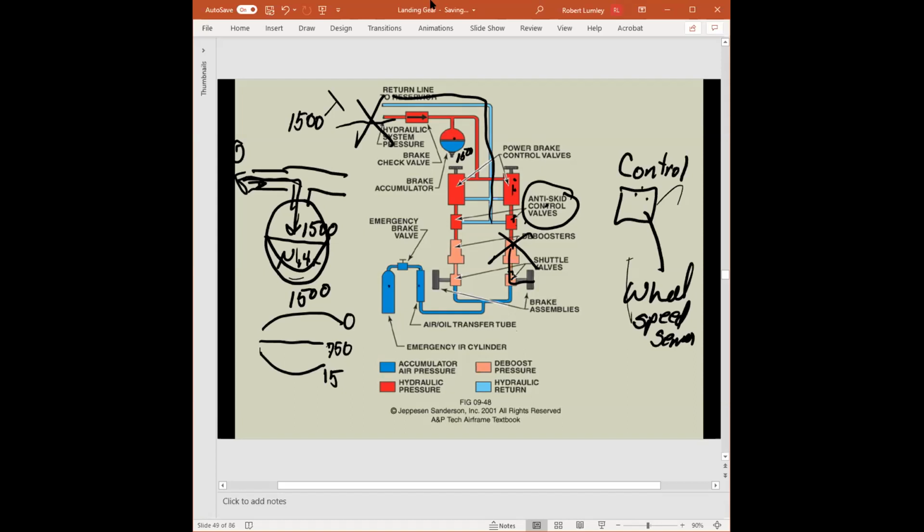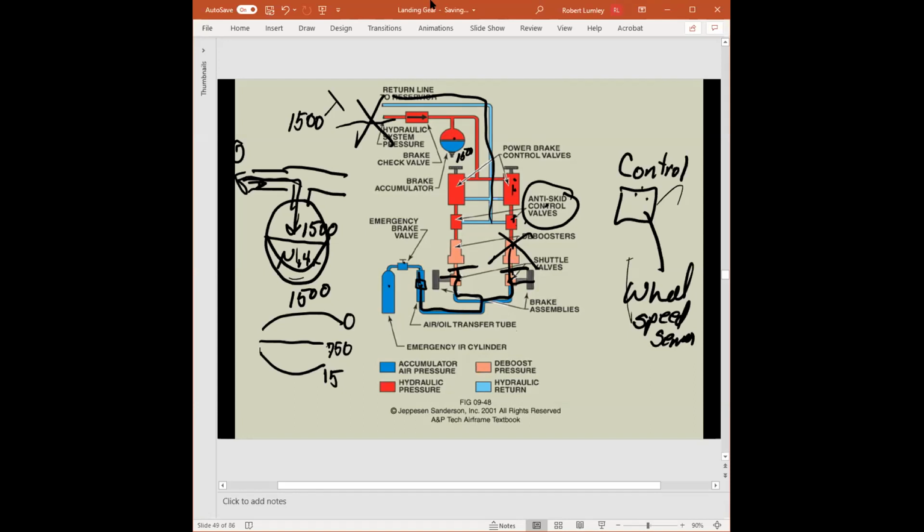There's an air oil transfer tube, so when the valve is open, nitrogen pushes on a piston that pushes hydraulic fluid to the shuttle valves. The shuttle valve closes off the regular brake system and pushes hydraulic fluid to the calipers to stop the aircraft.